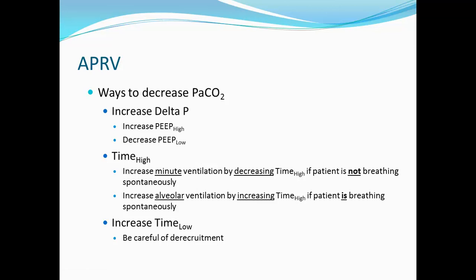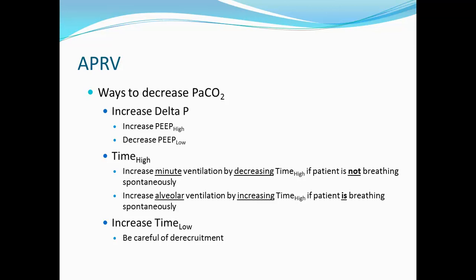When we're ventilating patients with APRV, if their PCO2 is elevated, we have several different ways to reduce the PCO2. Obviously, if we're going to reduce the CO2, we either have to reduce the CO2 being produced, or we have to increase alveolar ventilation.